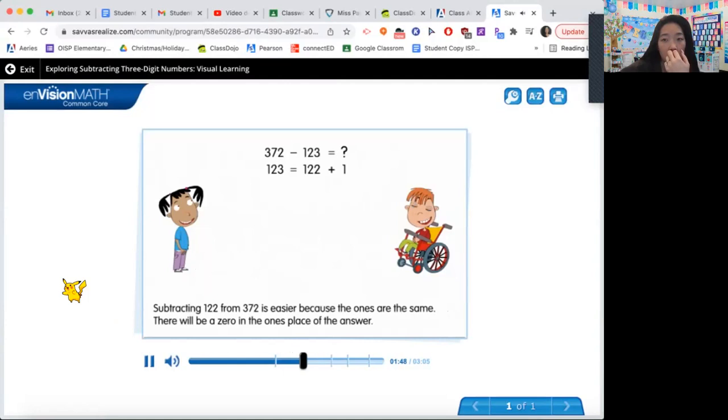Subtracting 122 from 372 is easier because the ones are the same. There will be a 0 in the ones place of the answer. So you can take away 122 from 372 and then take away one more. What is 372 minus 122?